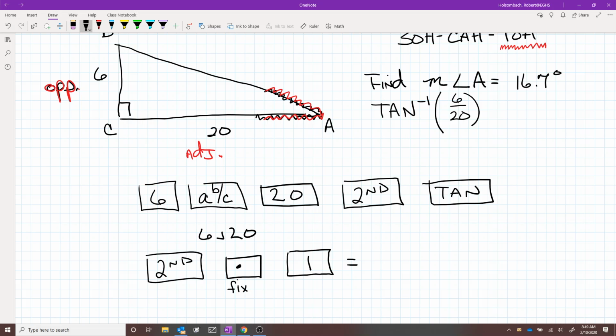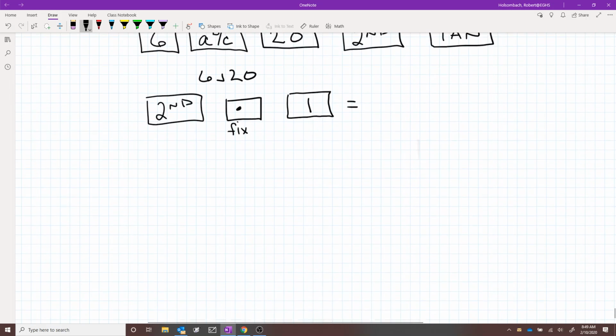So let's try another one of these inverse ratio problems. Here's triangle ABC again.